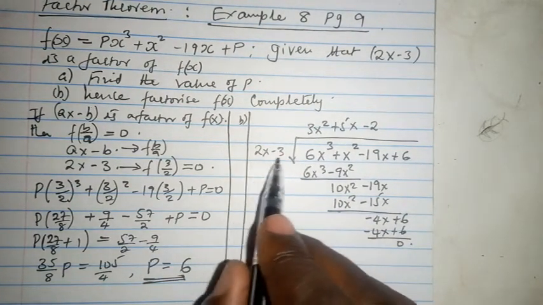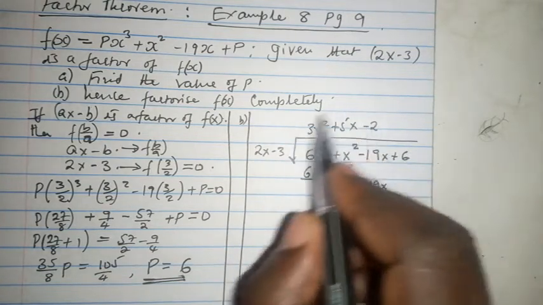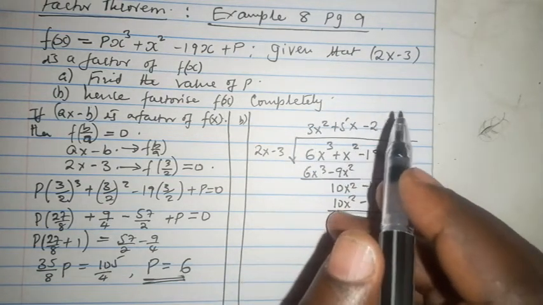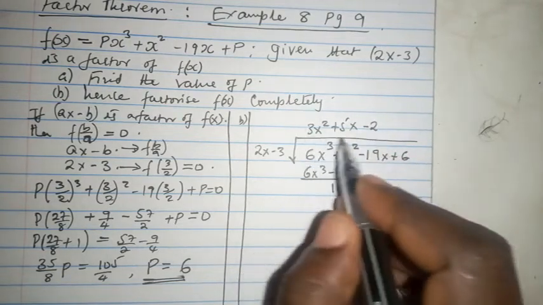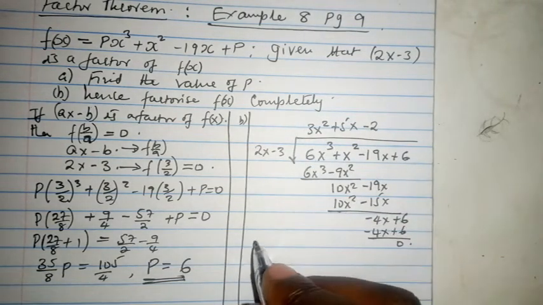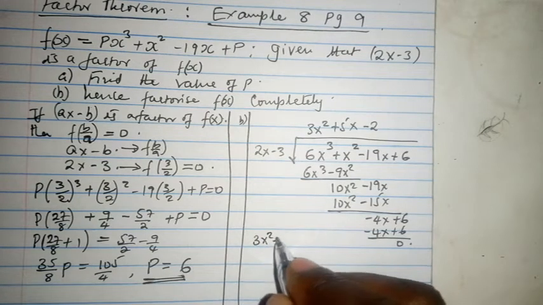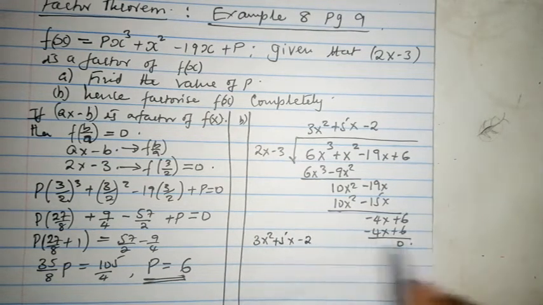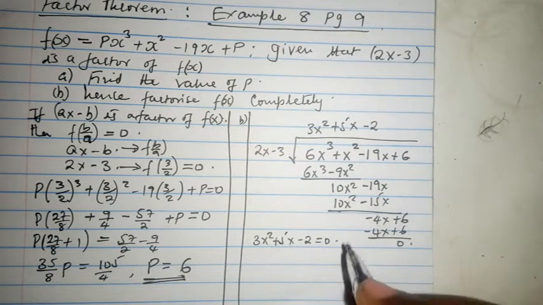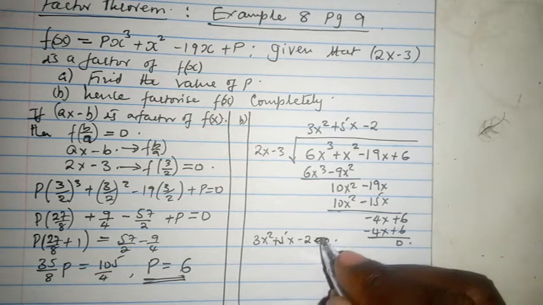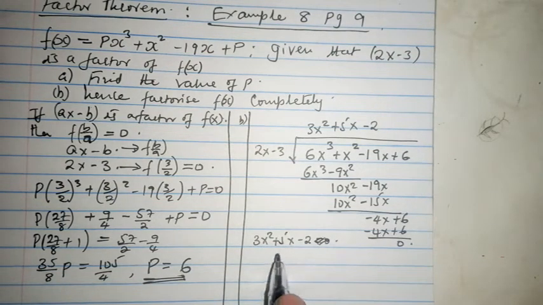We already have one linear factor, this divisor. But we now have a quadratic expression which needs to be factorized further: 3x squared plus 5x minus 2. We don't necessarily need to take it equal to 0; we can just factorize it as it is. Two numbers that add to give 5 and multiply to give negative 6 are positive 6 and negative 1.